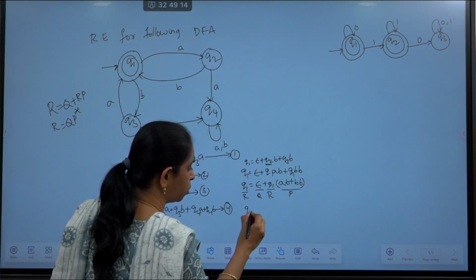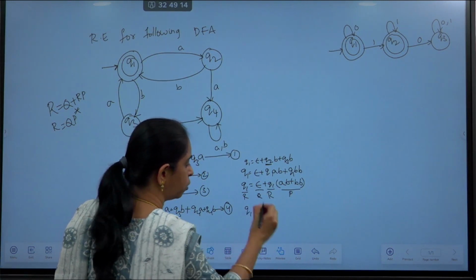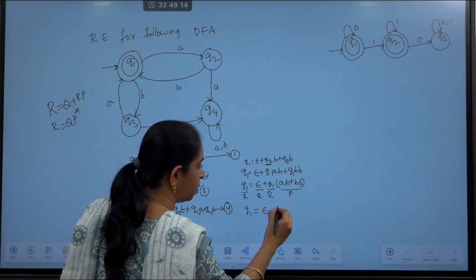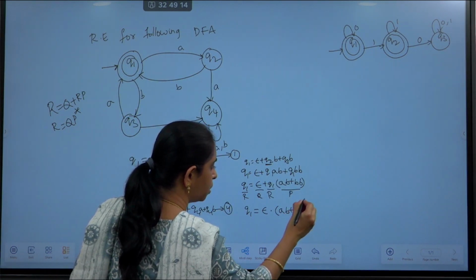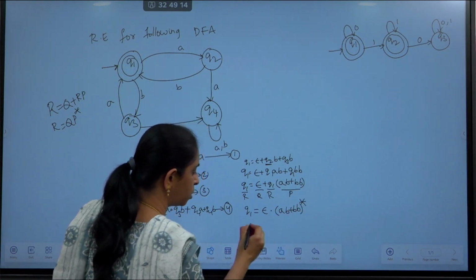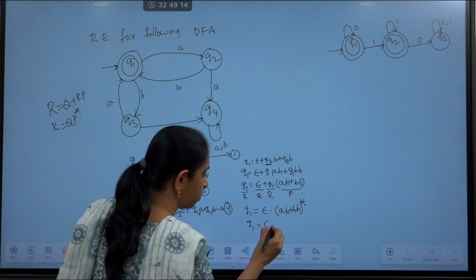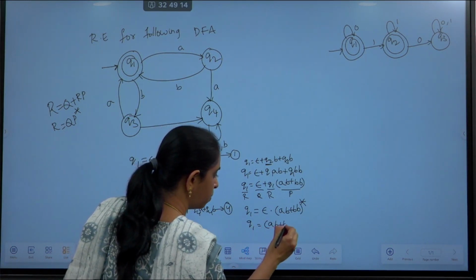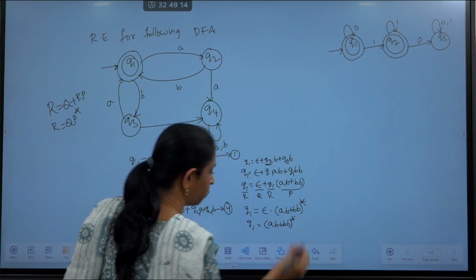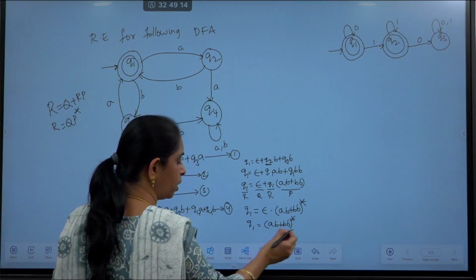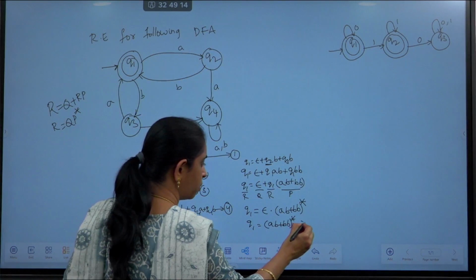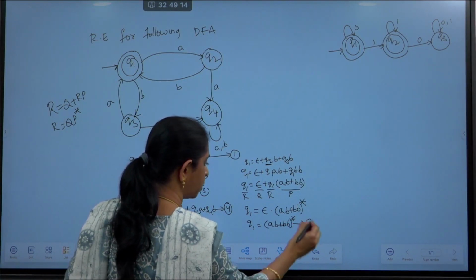What is R? Q1. Q means epsilon, P means AB plus BB. QP star is epsilon into the whole star, that is AB plus BB whole star itself. This is Q1. We don't have any states left in Q1, so take it as equation number 5.